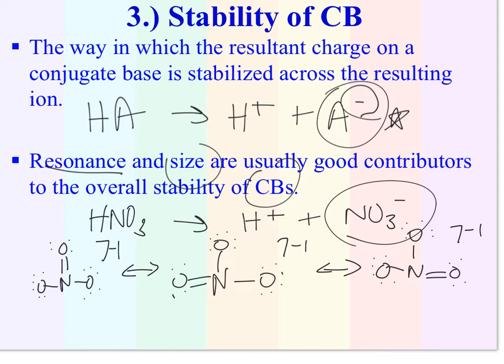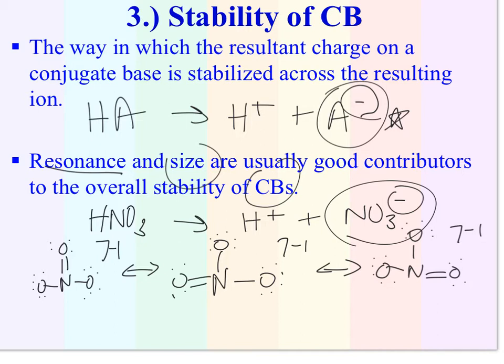Basically this resonance structure allows us to see that this minus charge is actually distributed all across this molecule and spread through the various oxygen atoms. So that helps stabilize that charge because it's not just centralized on one of the single oxygens within the molecule.